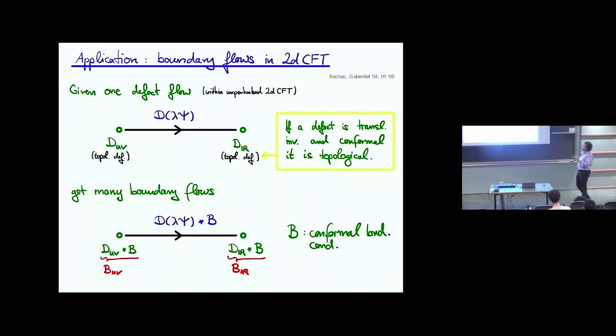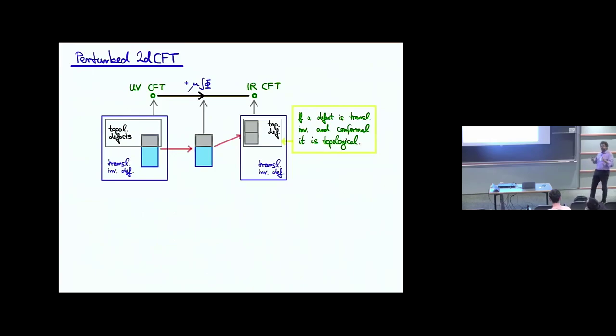So, boundary flows, I will skip the boundary flows, and I want to now perturb the two-dimensional conformal field theory as well. So here's my little picture. I have a conformal field theory in the UV, I push it off the critical point, and I want it to flow to some infrared theory. Then we do have topological defects in the UV theory and these translation invariant defects in the UV theory.